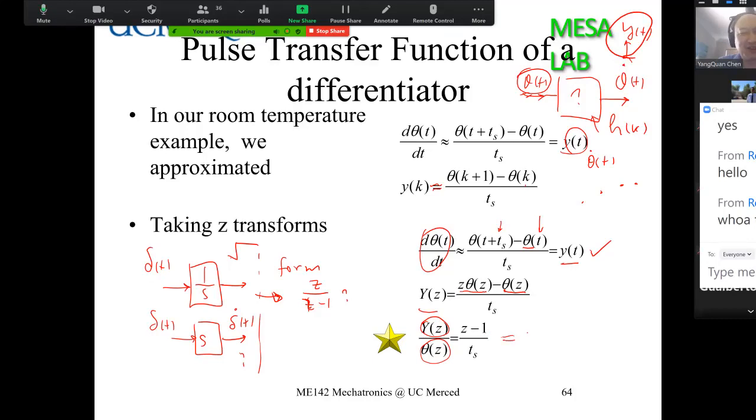So this is my transfer function of a differentiator. Differentiator basically is, when the k is this one, 1 here, z and Ts. I think this is not so hard to understand, right? This is our beginning point.